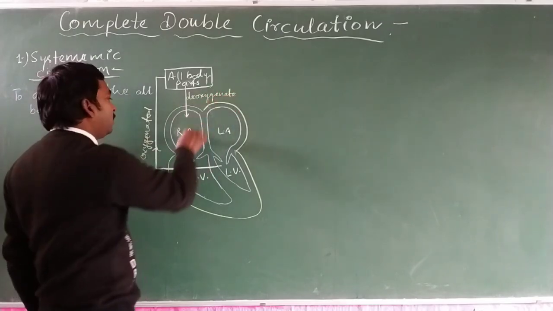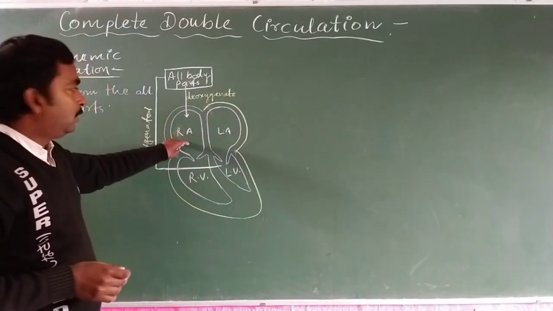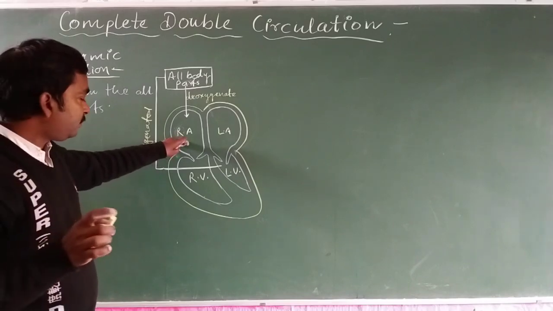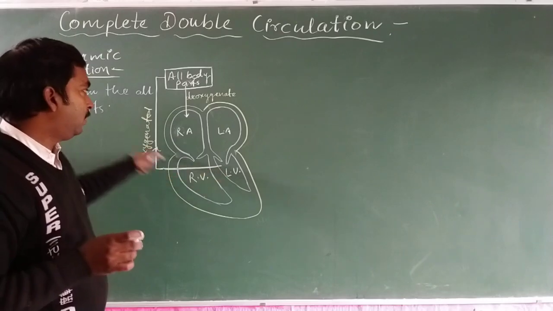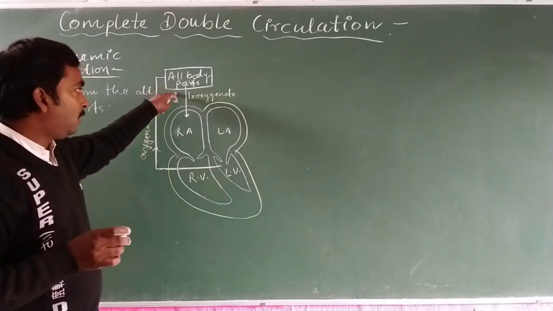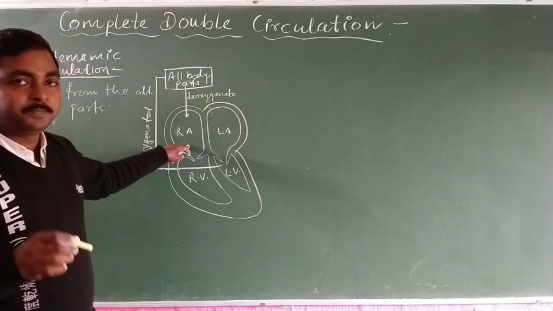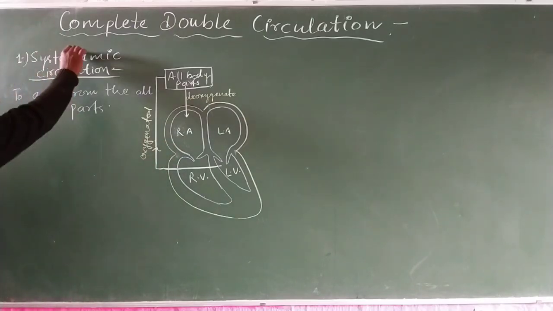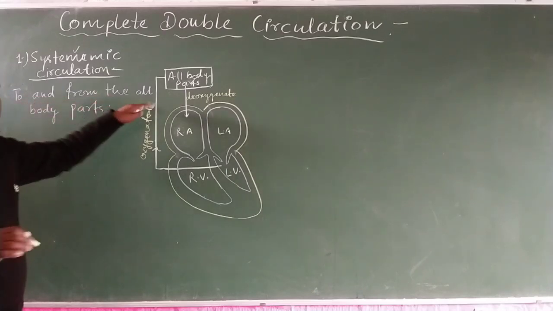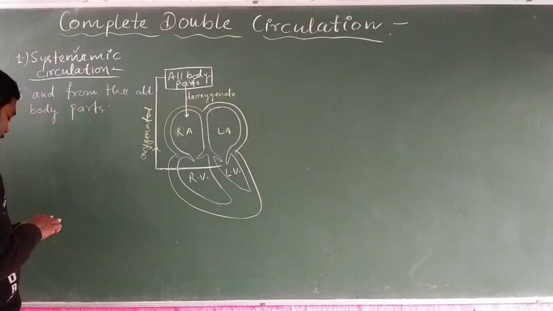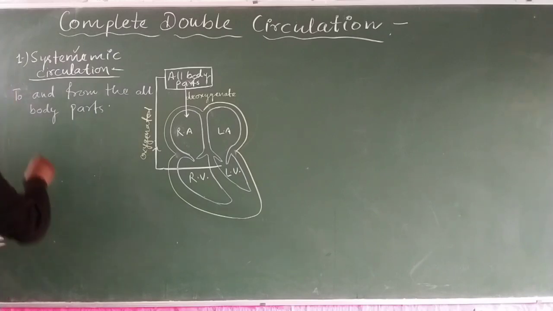So deoxygenated blood is again collected into the right atrium. This complete circulation from the left ventricle to the body parts and from the body parts to the right auricle is known as systemic circulation, the flow of blood to and from all body parts. The second is known as pulmonary circulation.